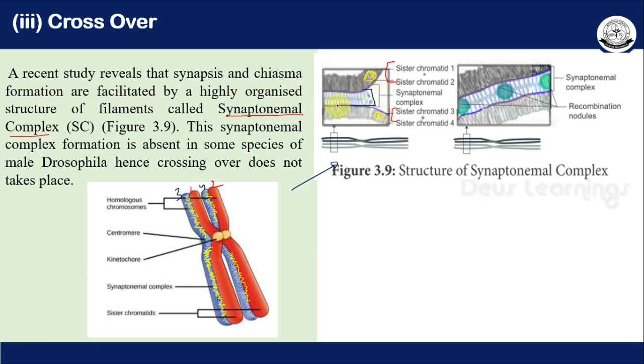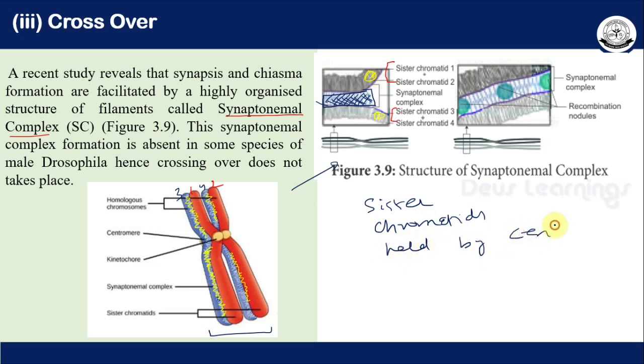So this synaptonemal complex keeps the two non-sister chromatids together. Remember this structure. Sister chromatids are kept together by the centromere, and you already know that.